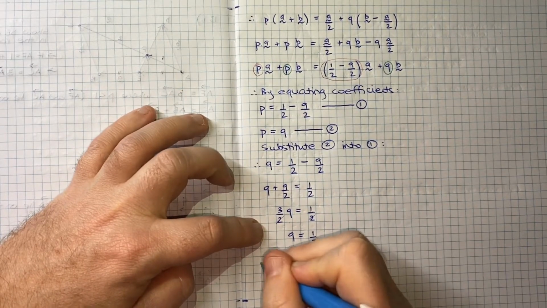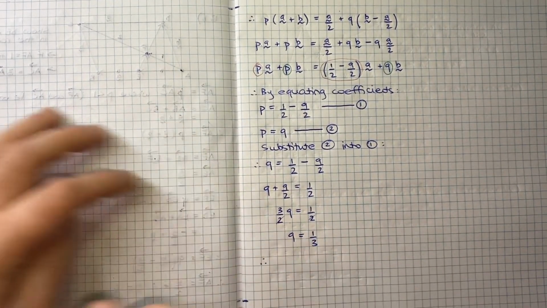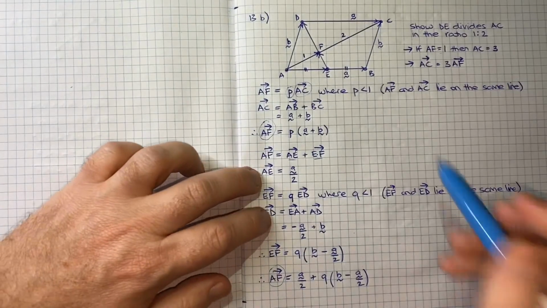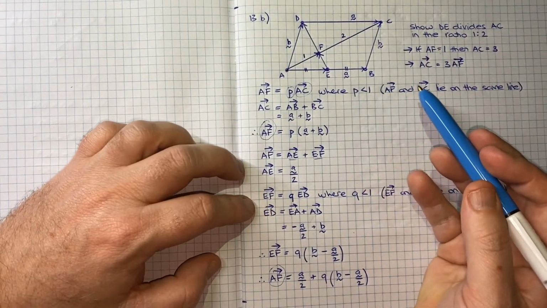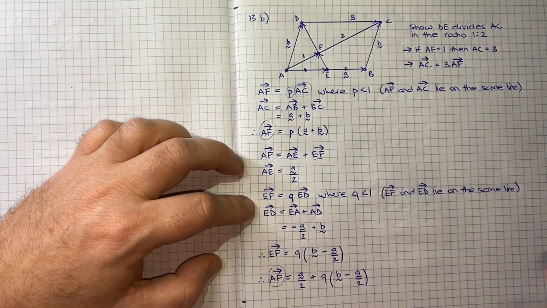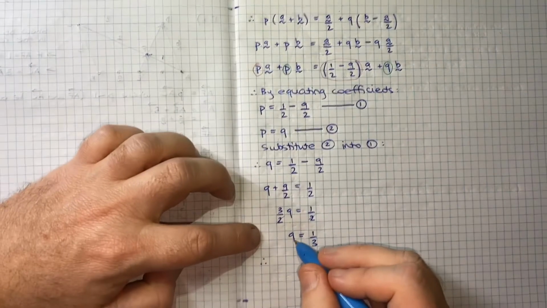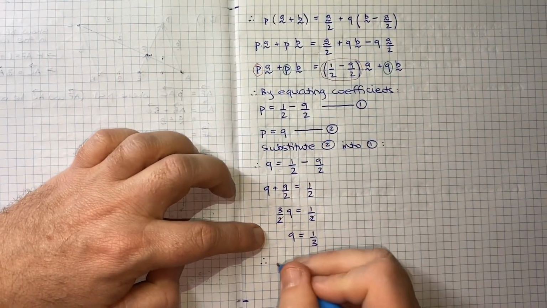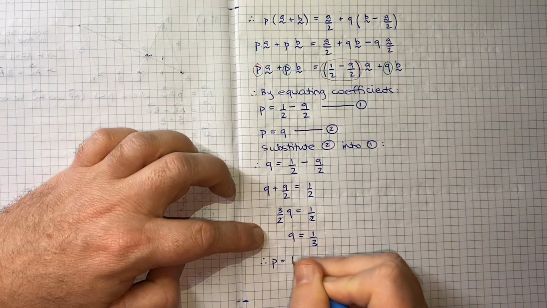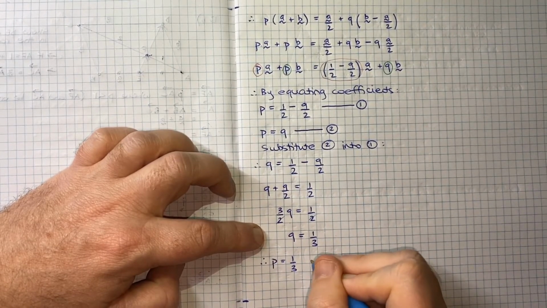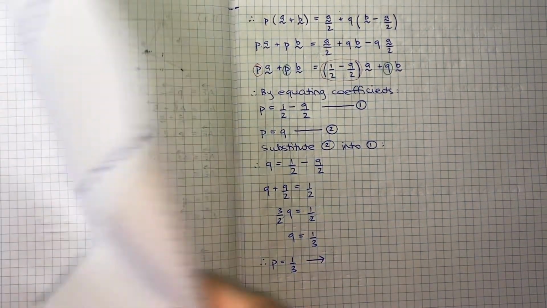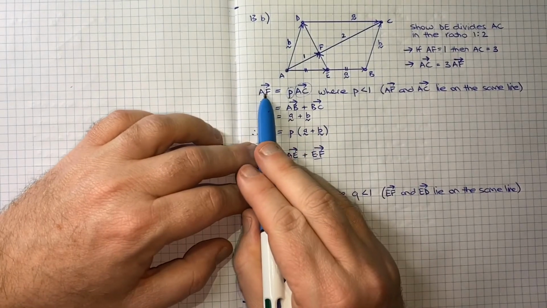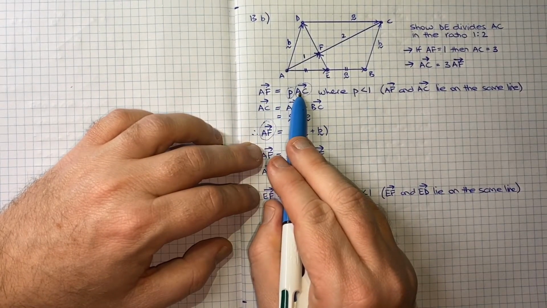So therefore, if Q is equal to 1 on 3 and P is equal to Q, we can say P is equal to 1 on 3 also. And if we go right back to where we started, we know AF is equal to P times AC.